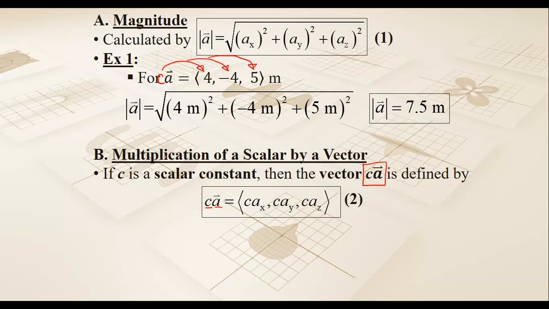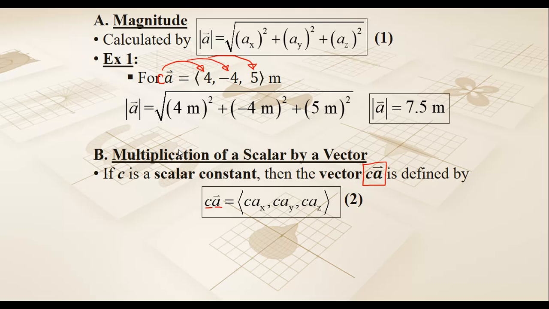Therefore, C times A would be equal to, as an ordered triplet, C times Ax, comma, C times Ay, comma, C times Az. Okay, so for multiplication of a scalar by a vector, all we do is take each of those individual components in the ordered triplet and multiply it by that scalar constant.